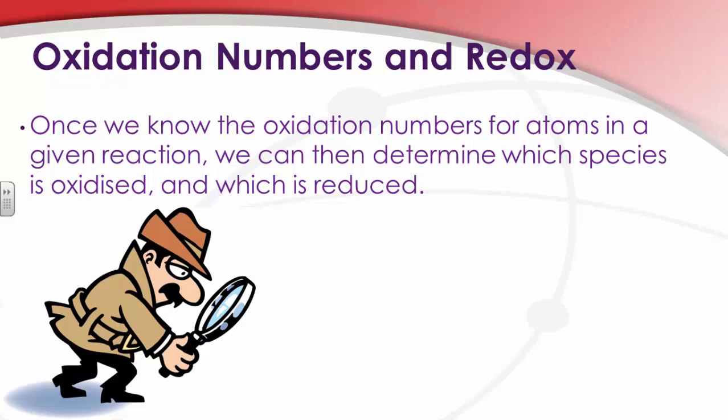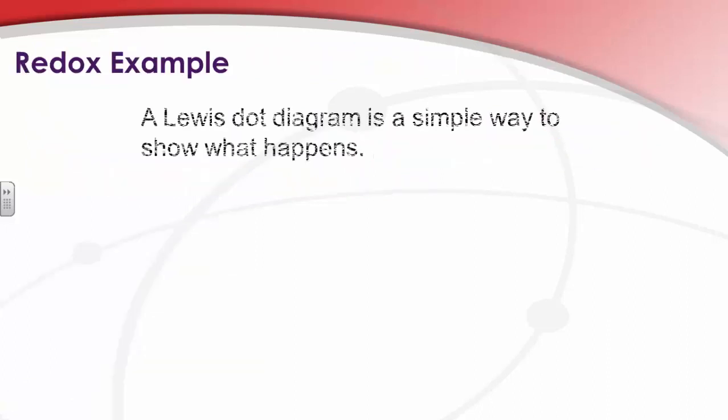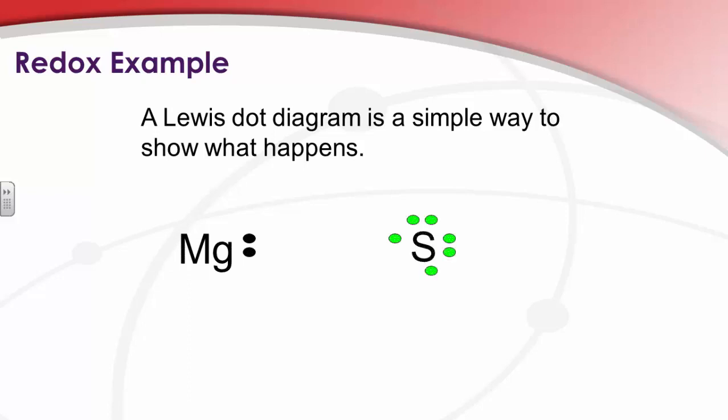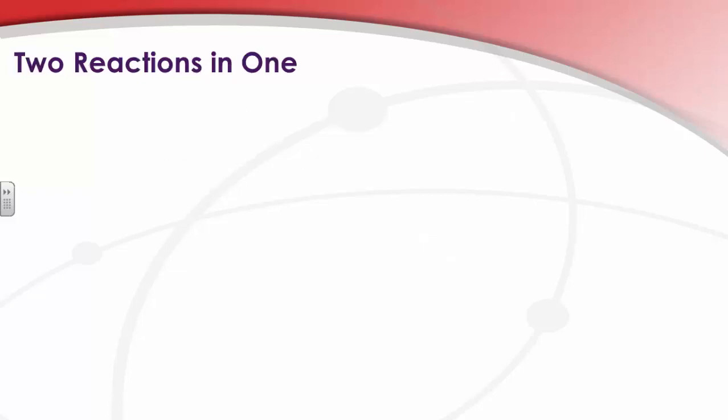Once we know the oxidation numbers on both sides of the reaction, we can then decide what's being oxidized and what's being reduced. If we look at our magnesium sulfide example, the 2 valence electrons from magnesium are taken by the sulfide, and there's our overall Lewis visualization of what's going on.